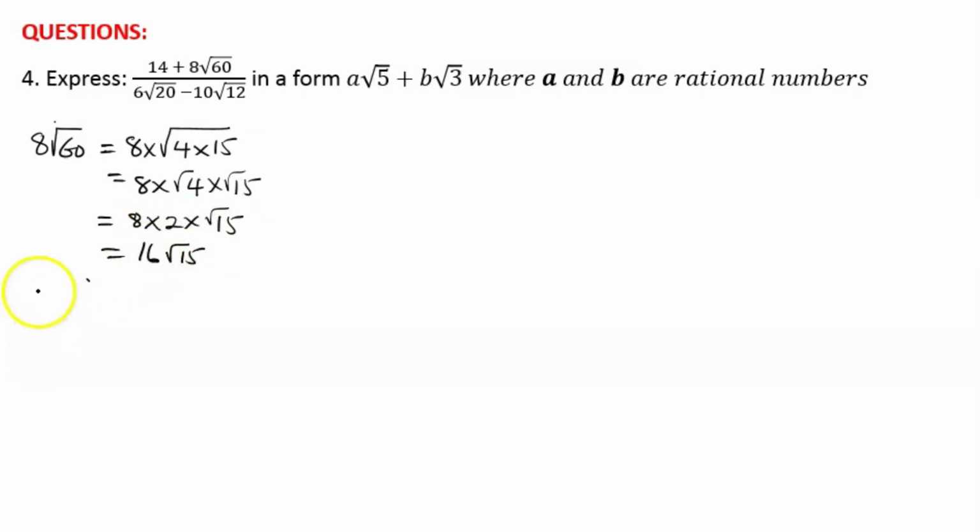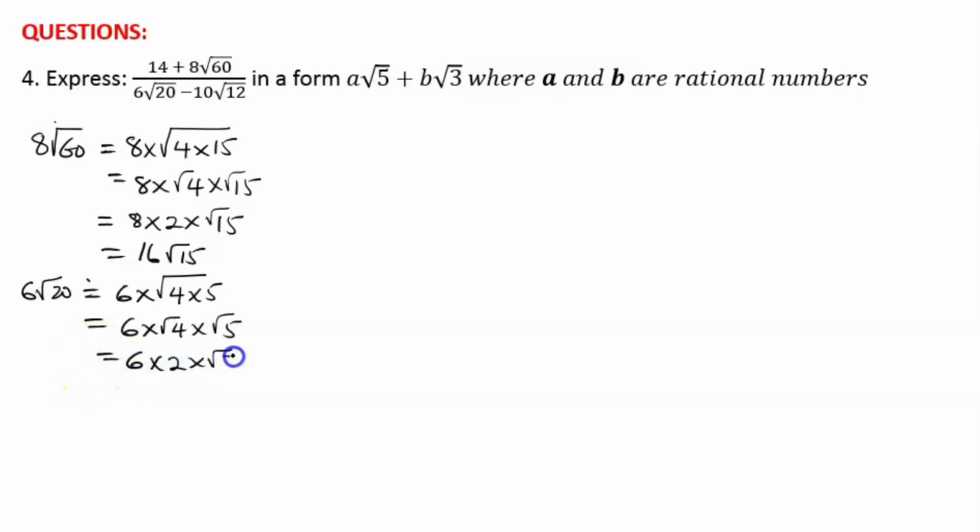All right, so we also have 6 root 20. We want to take this one to its basic form. It's going to be 6 multiplied by square root of 4 multiplied by square root of 5. This is going to be 6 times 2 times root 5, and this is going to give us 12 root 5.